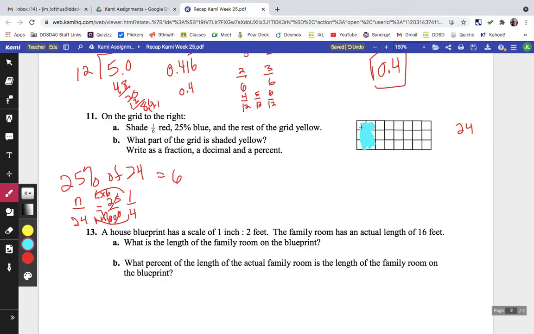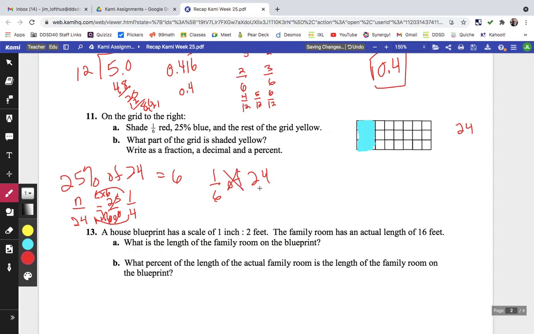All right, now we have to figure out what 1/6 of 24 is. So we can make those ones red. So let's go back here, we'll go red. So 1/6 of 24. Of means multiplication.